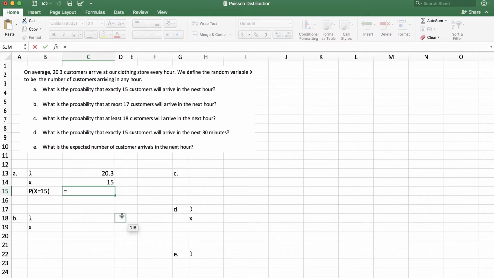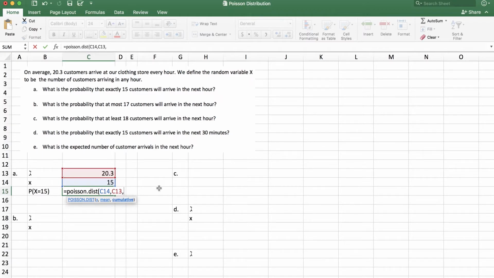To calculate this, I'm going to use the Excel function Poisson.dist. As soon as you type this, you will see that you need to enter X, mean, and cumulative. I already put this information on my template. I know X is 15, which is in C14, so I pulled that value from that cell. The mean is 20.3, which is given in the problem statement.